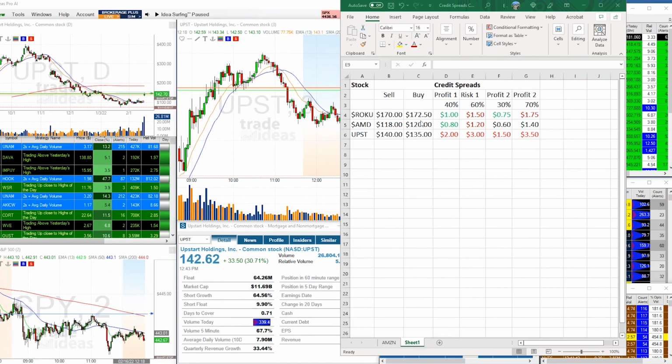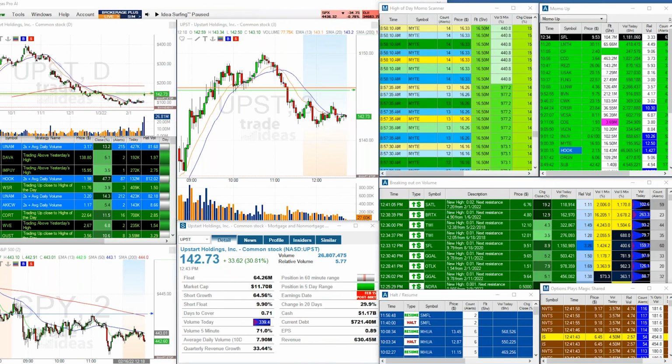You have to manage what trade you did, how much risk you entered the trade with, and how much money you want to collect at the beginning.